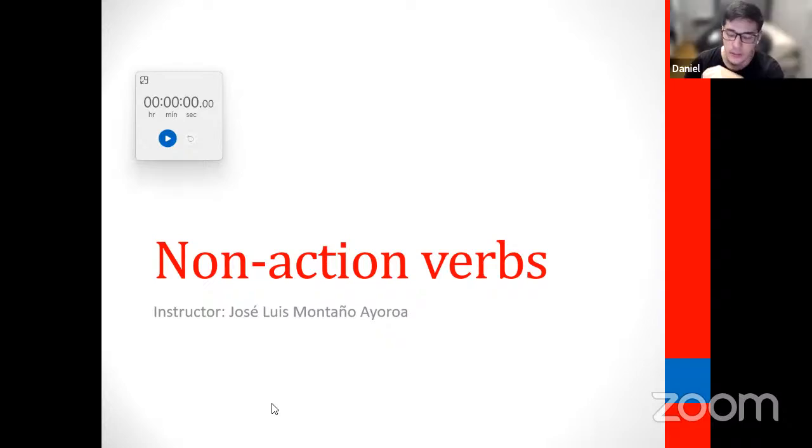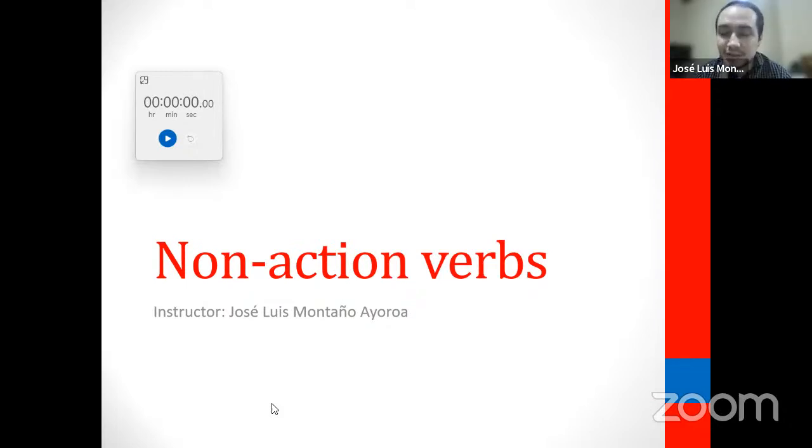Okay, as I remember, the non-action verbs are related to states, emotions, feelings, something like that. For example, feel, thought, some words with sense. Good.